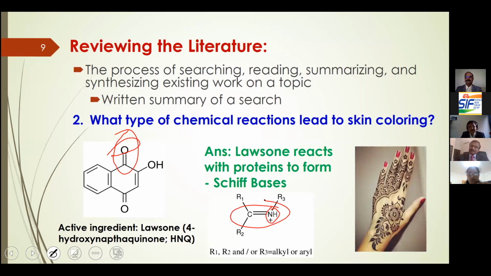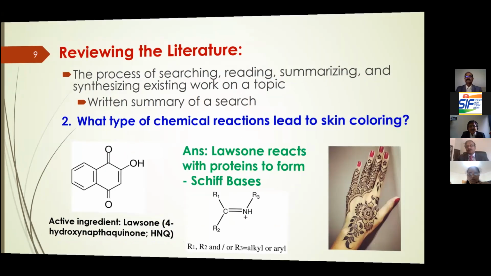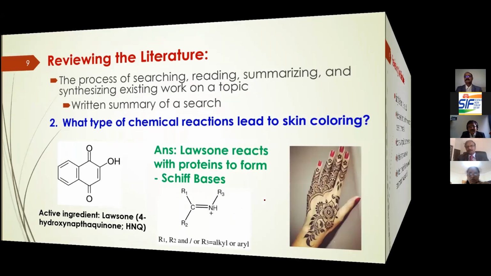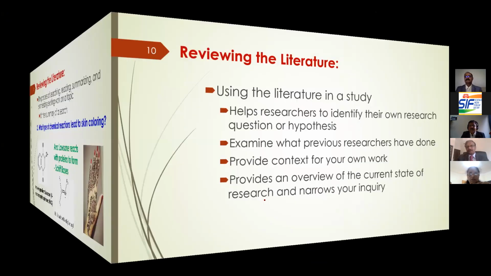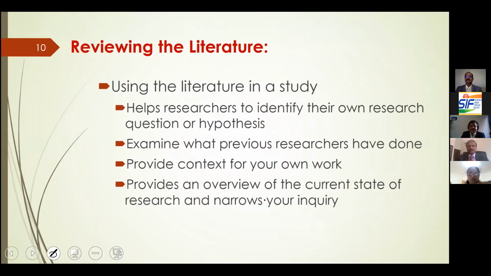So now Vijay became very curious and he asked, can I do an experiment in the lab? And I said, yes, you can do. So before I get to his experiment, I want you to start thinking about when you search literature and start exploring your ideas, you not only are trying to answer the question that you created for yourself, now you're also thinking of other questions that come about.